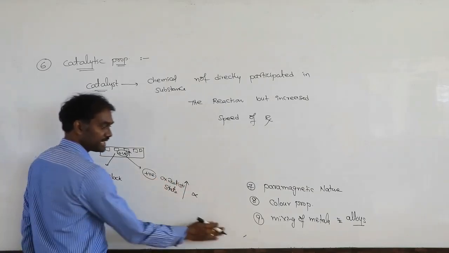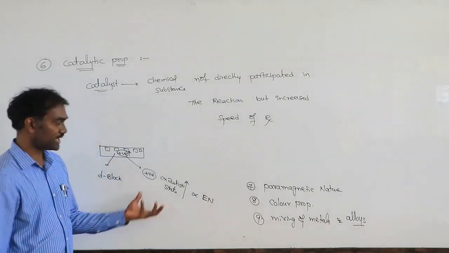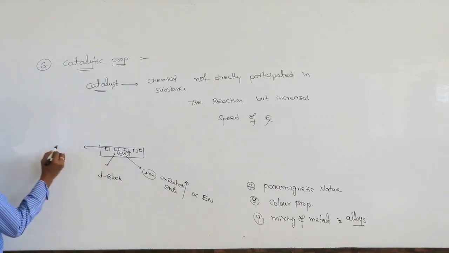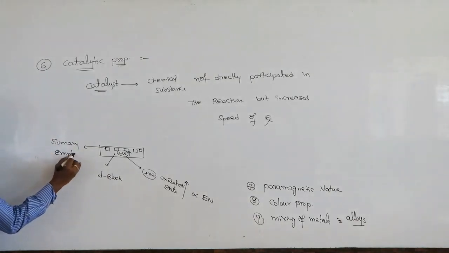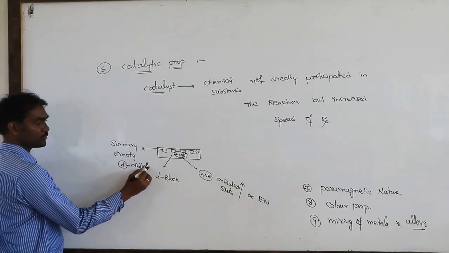When positive charge increases, the attraction increases. That attraction you call electronegativity, so electronegativity increases. Next, it contains so many empty orbitals. Then what happens?